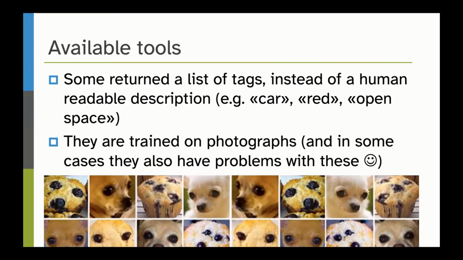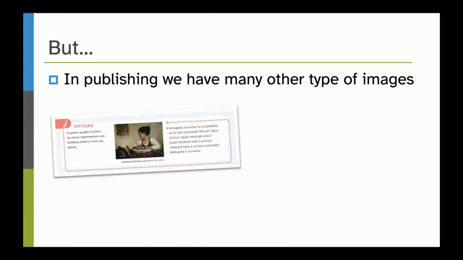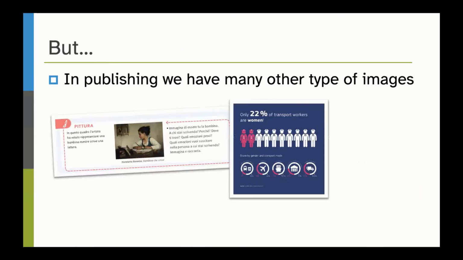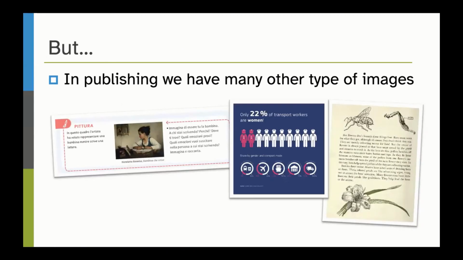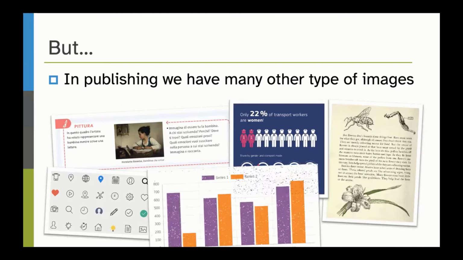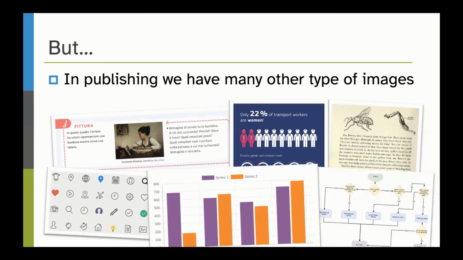Some are really cheap, others are really expensive. So we tested them all to figure out how to help publishers make automatic descriptions. The fact is that in publishing, we have many other types of images other than photographs. We have works of art, charts, infographics, icons, flow charts, and so on.